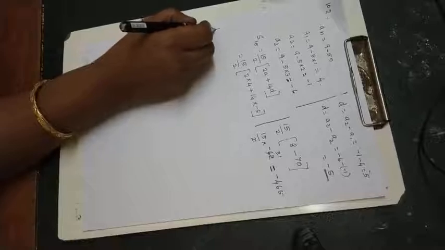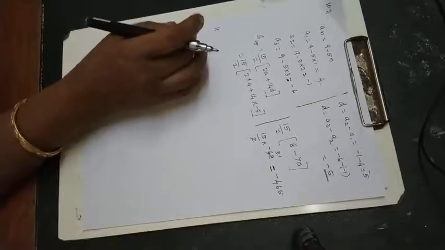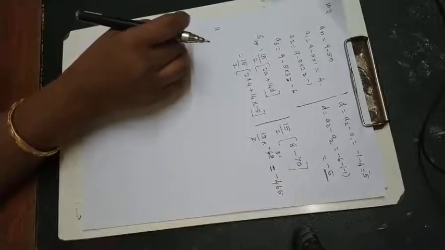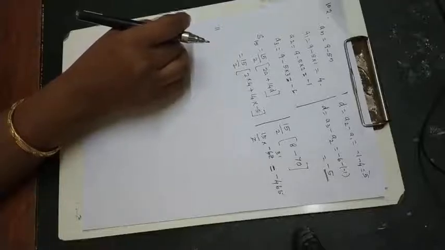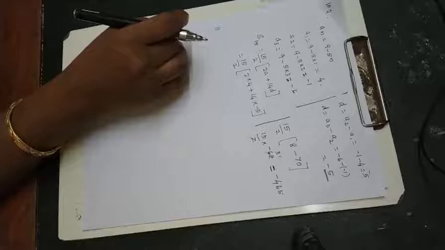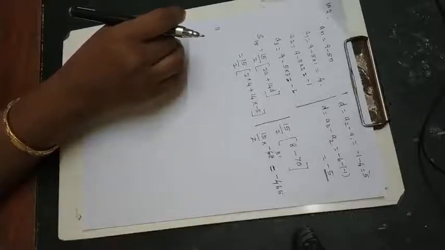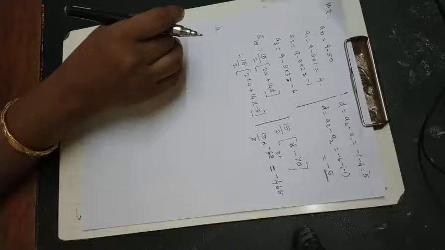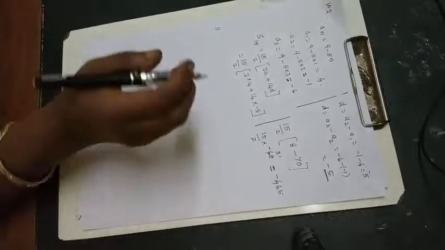Now let us move to 11th one. The sum of the first n terms of an AP is 4n minus n square. Then what is the first term, and what is the sum of first two terms, and what is the second term? Similarly find third and 10th and nth terms. So what is given there?